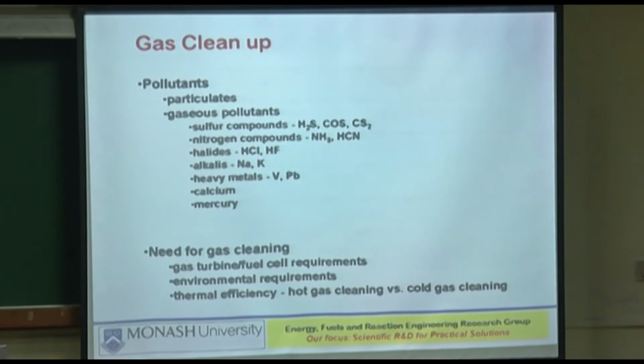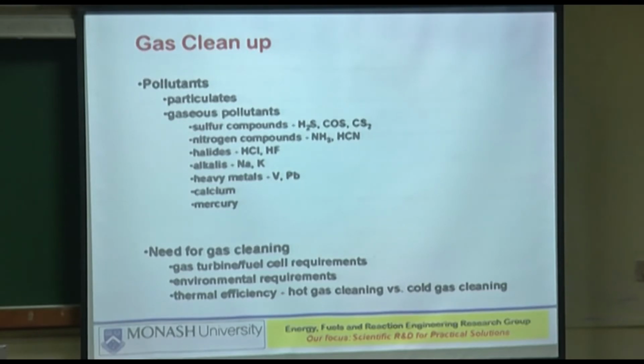Calcium is another one, and mercury is another one that I have listed, which have to be cleaned up. Calcium has to be cleaned up because if not, the gaseous calcium species, the hydroxide is one example, chloride can be another, can go and deposit onto the gas turbine blades. So that's why.